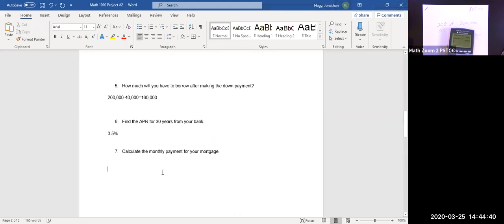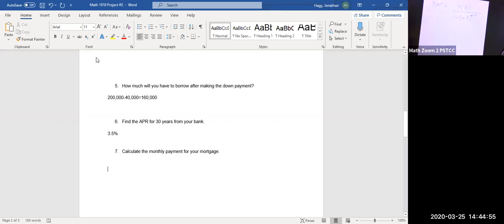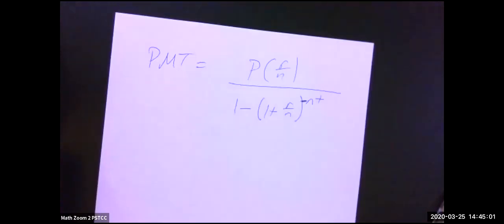Okay, now we're going to calculate the monthly payment for the mortgage, and this is that big, long formula that we worked with in class. So P is the principal, that's how much we're going to borrow.